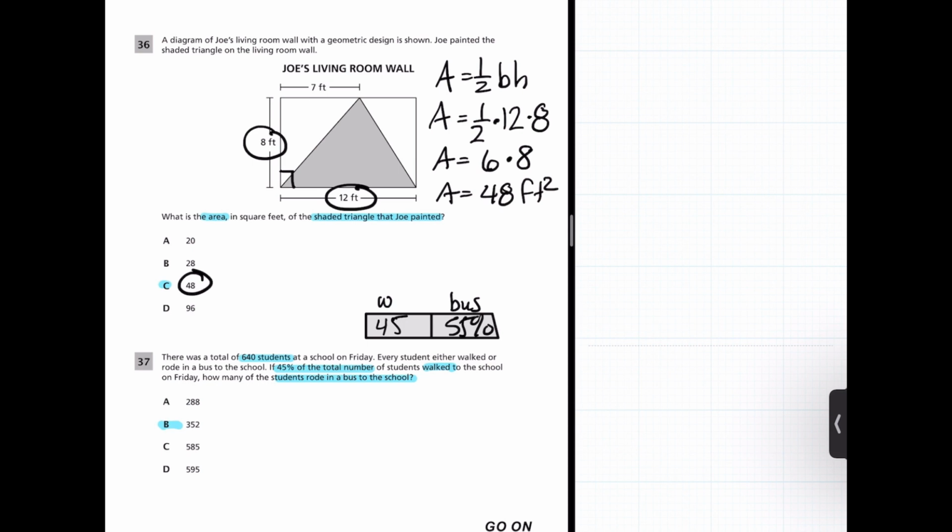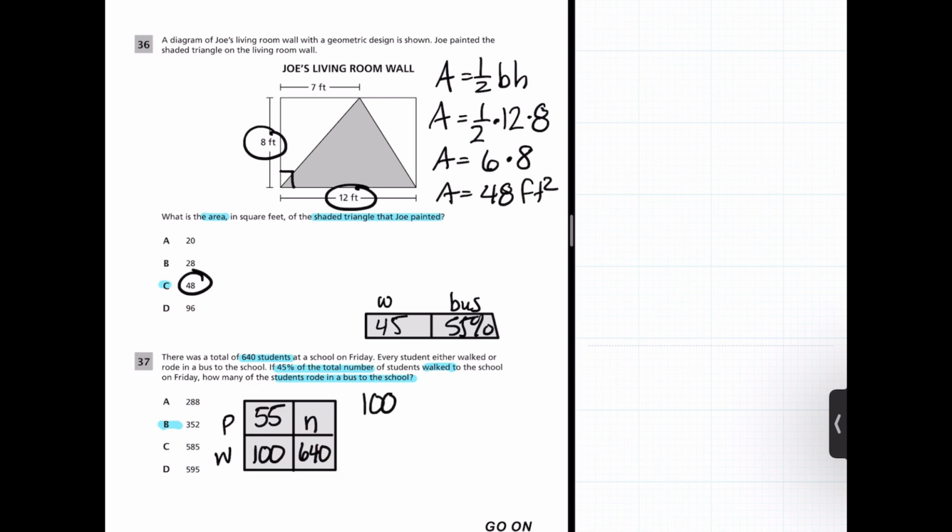So I'm going to make another ratio table. And I want 55%, so I'm going to represent that as 55 out of 100. This is a part to whole ratio. And I know that there are 640 students in school, so that represents the total. And I want to know the part that rode the bus. We're going to cross multiply again. And that means these two numbers, 100 times n is 100n, and 55 times 640.